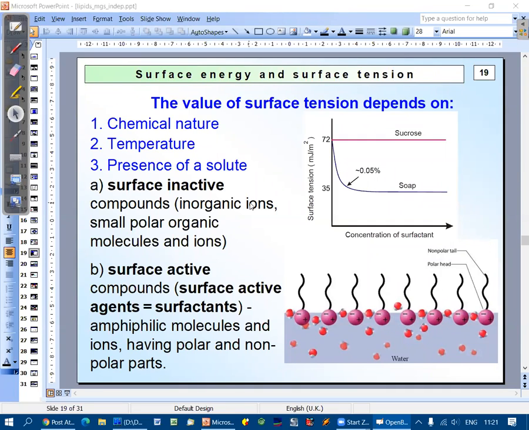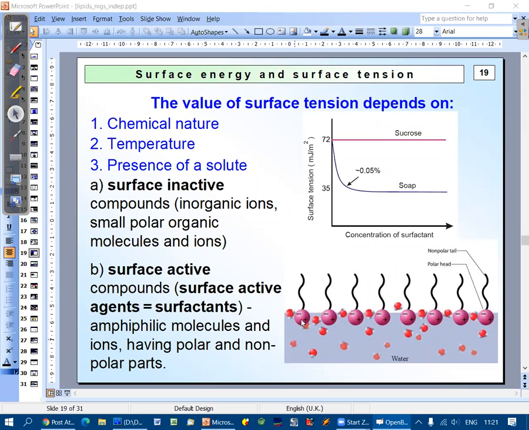The surface tension depends on the chemical nature of both phases, then temperature, the higher the temperature, the lower the value of surface tension, and the presence of solute. Surface inactive compounds do not change the value of surface tension or increase it a little under high concentrations, but surface active compounds, or surfactants, decrease the surface tension on the boundary surface.